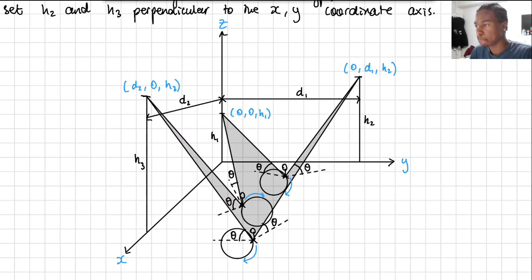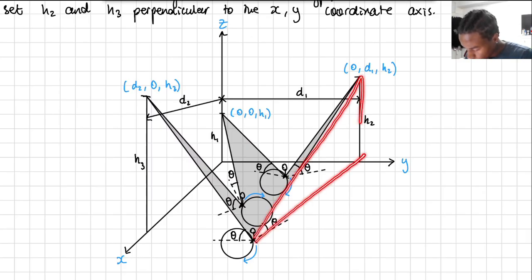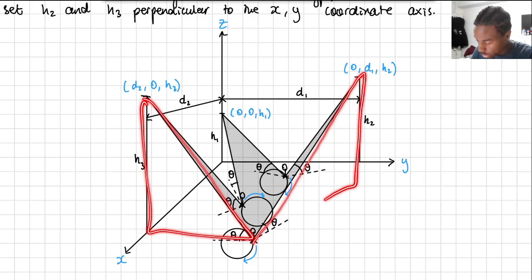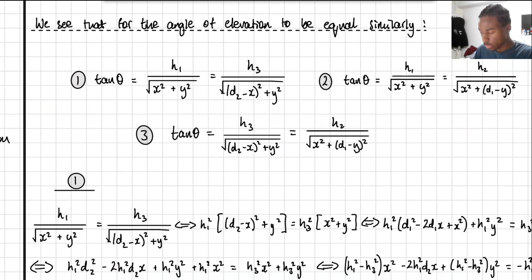Okay. Now, if you spend some time long and hard thinking about the different lengths of each of the triangles that we're getting, we're going to have 2 triangles for each circle. So we're going to have 3 equations for tan theta.